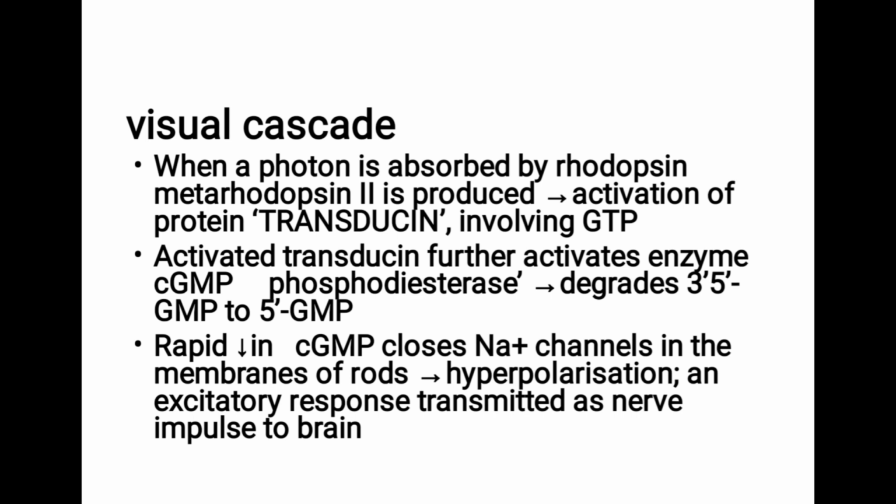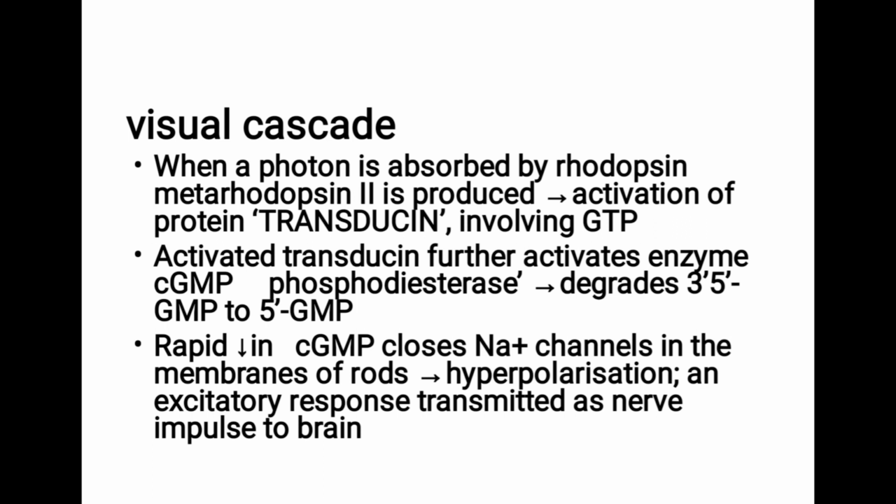So activated transducin activates the enzyme cyclic GMP phosphodiesterase. This phosphodiesterase actually degrades 3',5'-cyclic GMP to 5'-GMP.